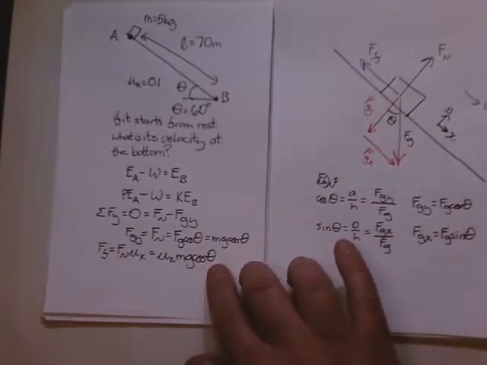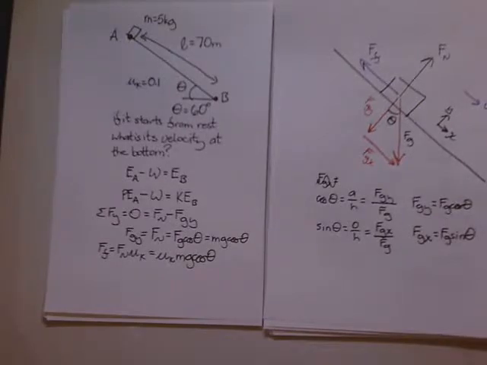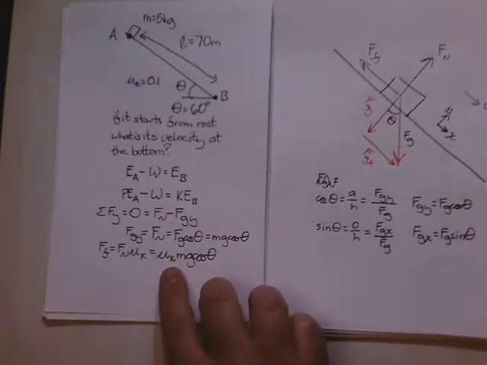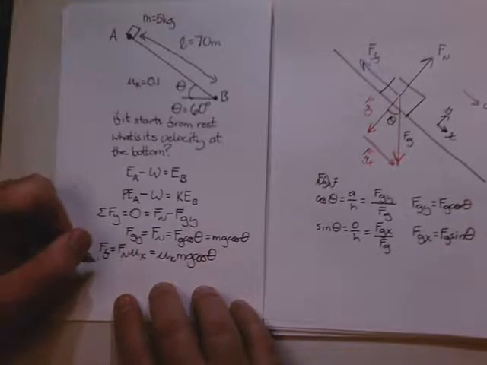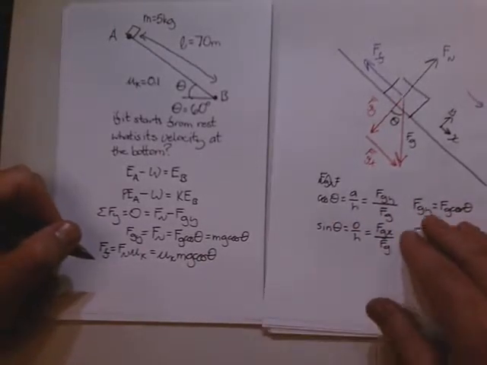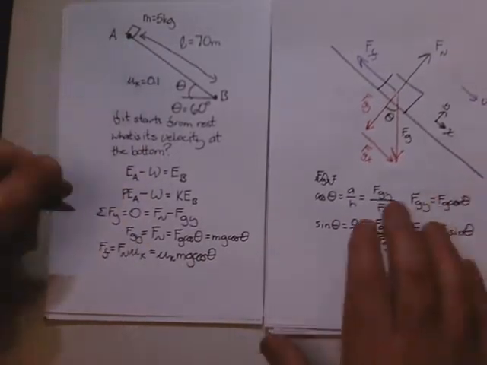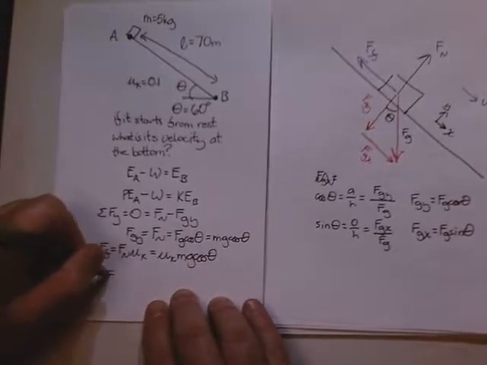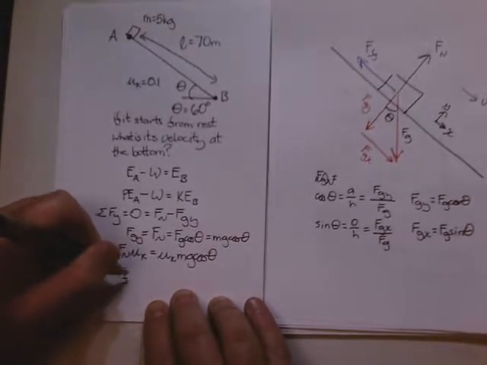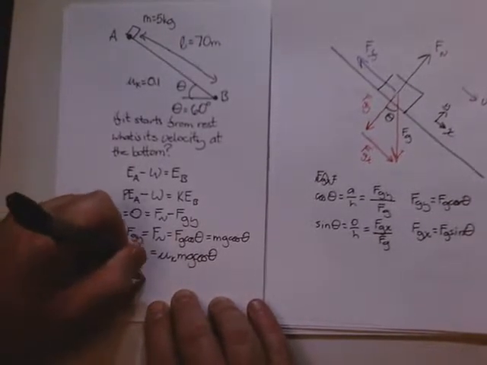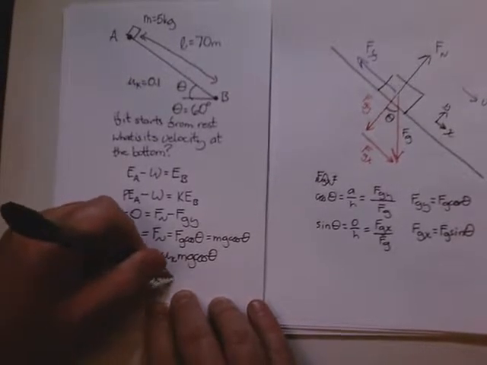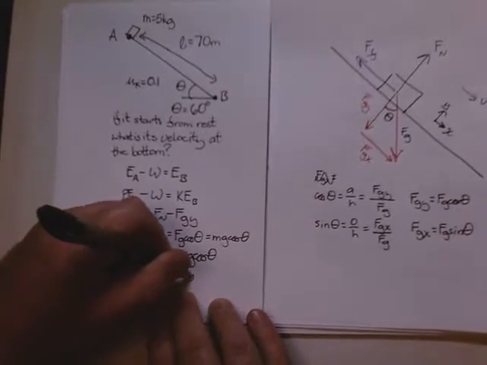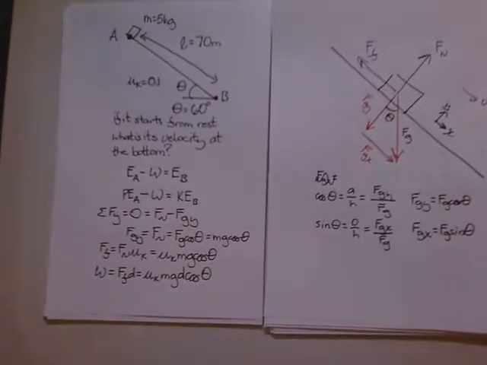Now, when we do the inclined plane with motion, this is all we need. But what we really need for the problem here is the work, which is the friction force times distance. So this is mu sub k mg d cosine theta.